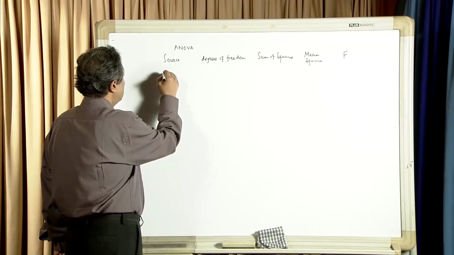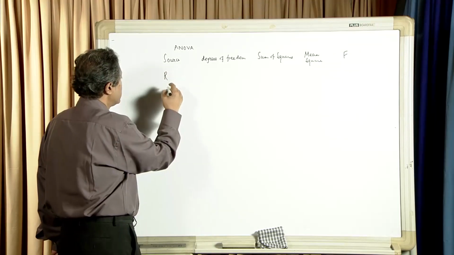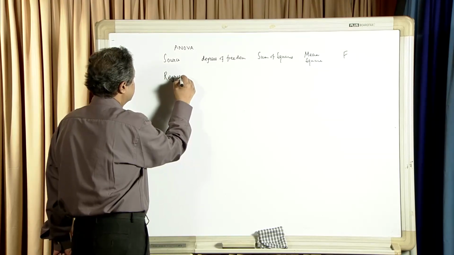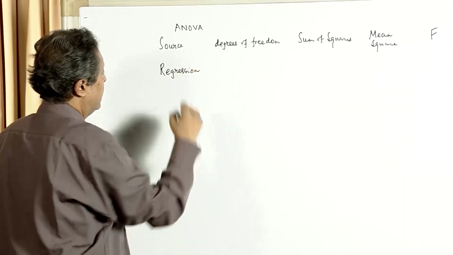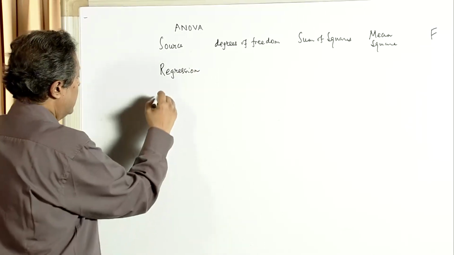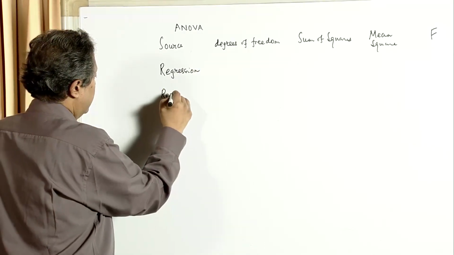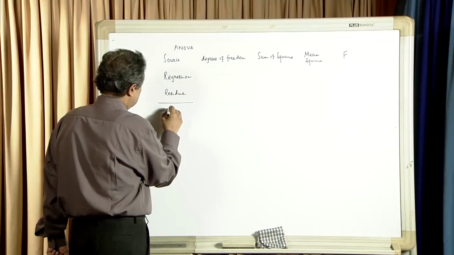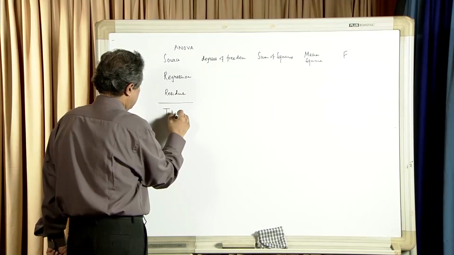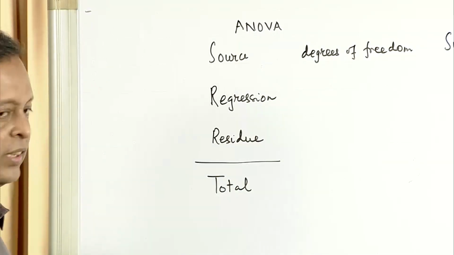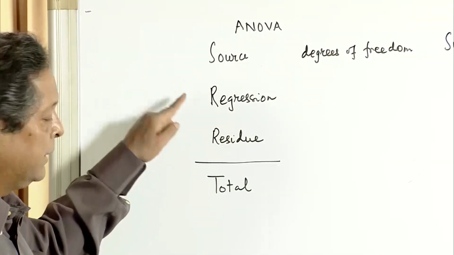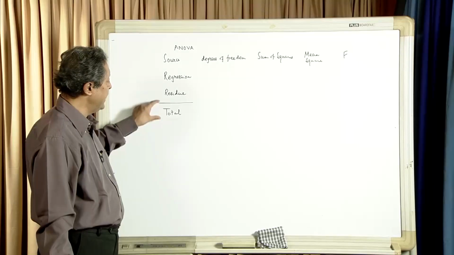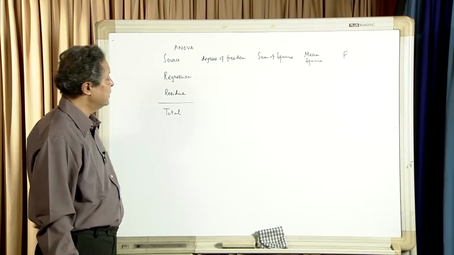So, as we know, there are two sources of variation. The first is the regression. The second source is the residue, and they add up to the total variation. So, as we just now saw, the regression and residue are the two sources of variation, and they add up to the total variation.